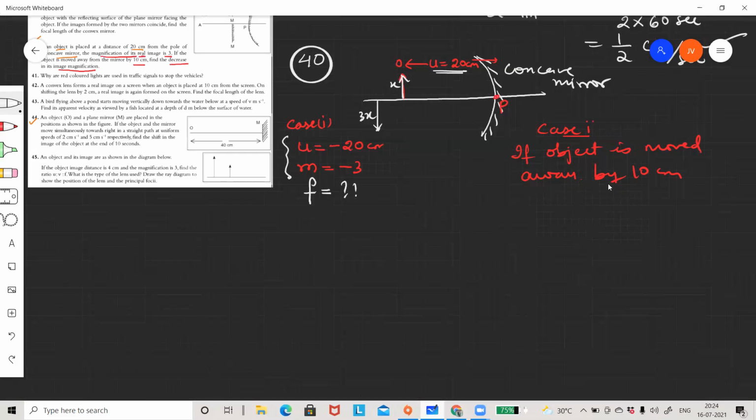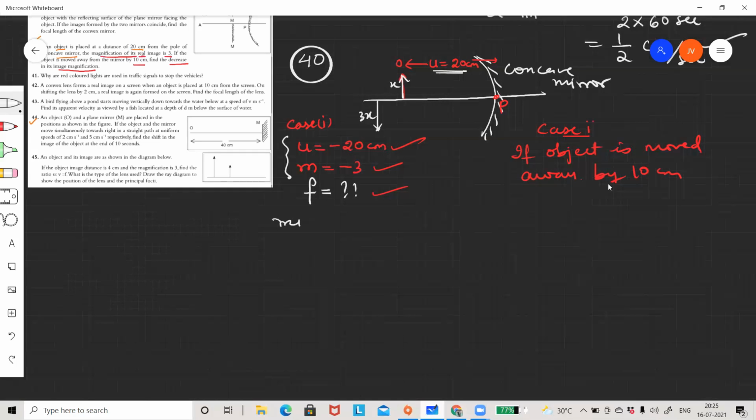So here they gave us the object distance, and I said, unless we know the focal length, we can't find magnification also, no? So we have a formula called magnification is f by f minus u for mirrors, and magnification is f by f plus u for lenses.